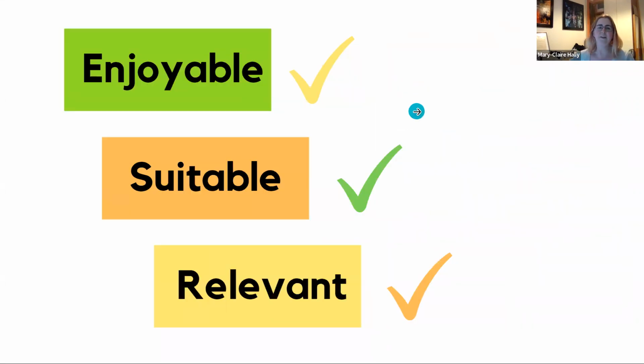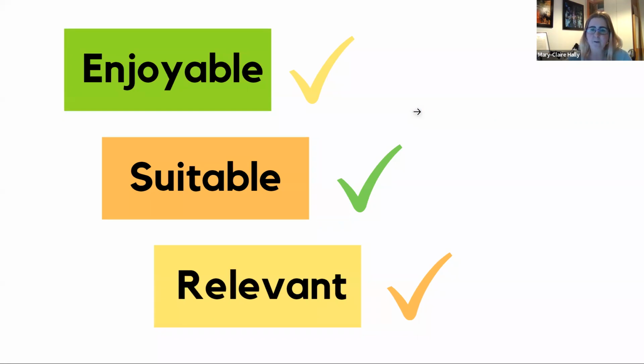Okay, so these are three keywords that I keep in my mind when I'm creating materials in general, but also for digital literacy, especially on self-directed learning. So making sure that it's enjoyable. Again, that's the game element that comes into it a lot, in the interaction and the interactive elements.